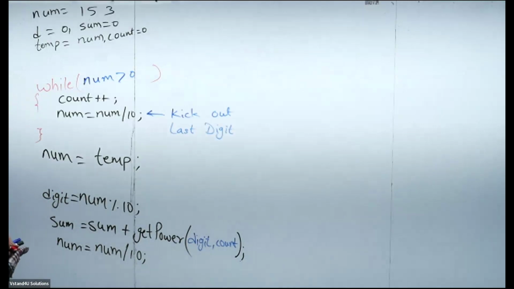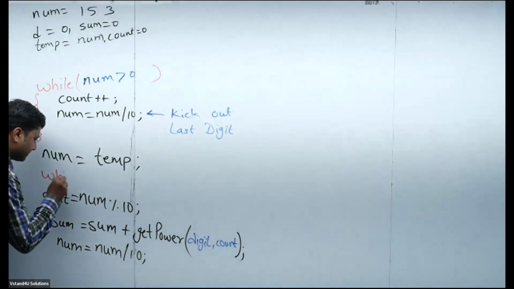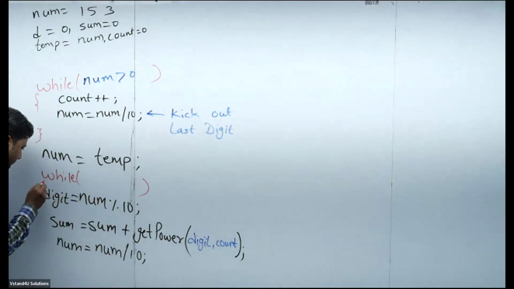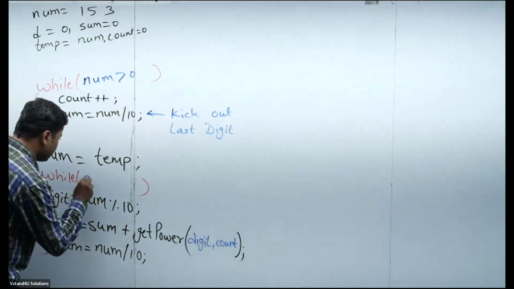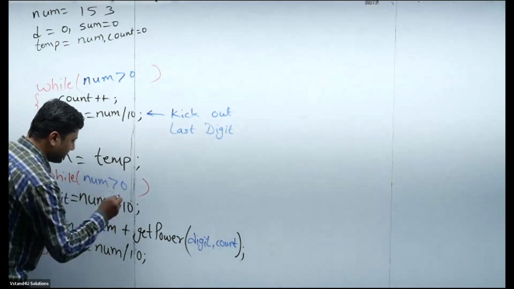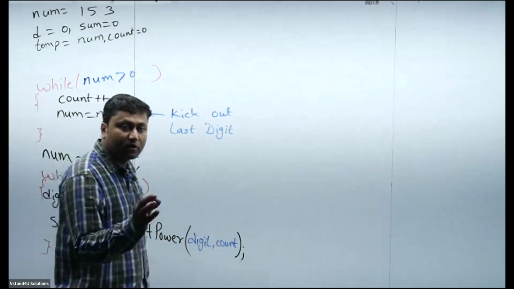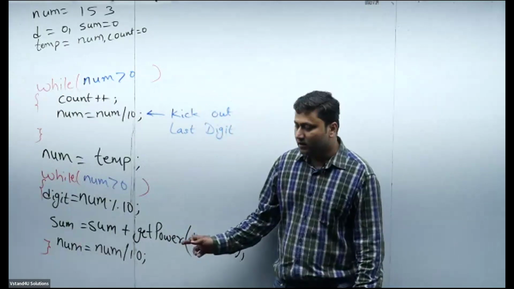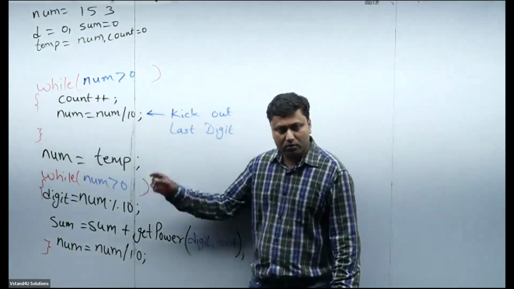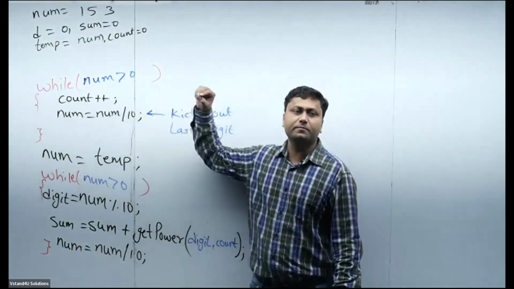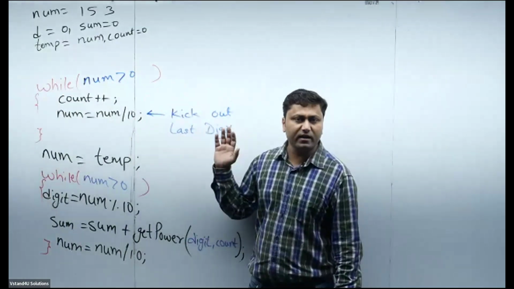As long as the number is greater than zero. Done. Once I step out of the loop, what would I have got? I would have got the sum. Agree? Sum will have what value? Whatever is every digit to the power count, summed.